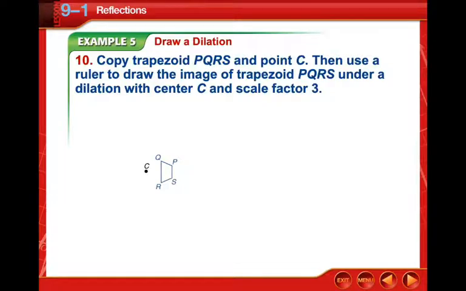So from C to Q, I need to extend it out to here.